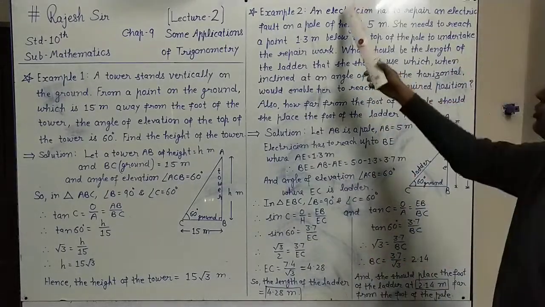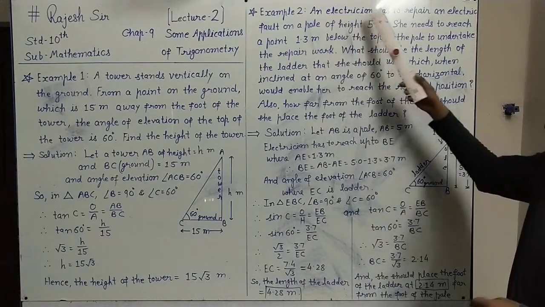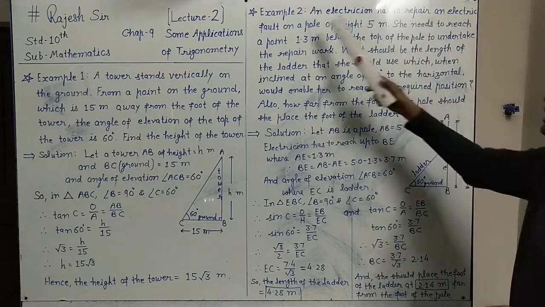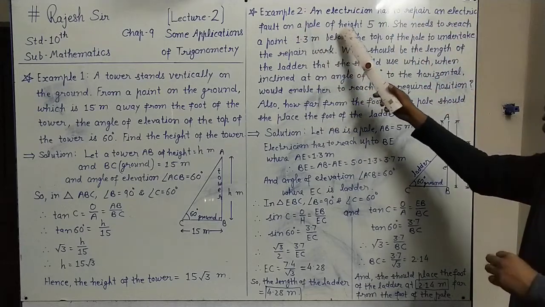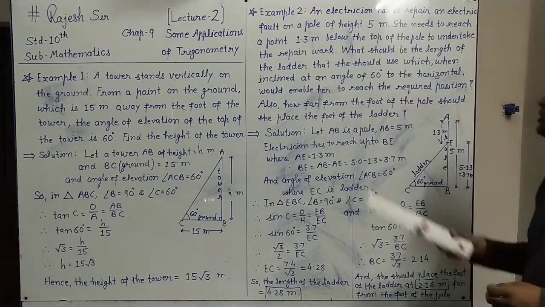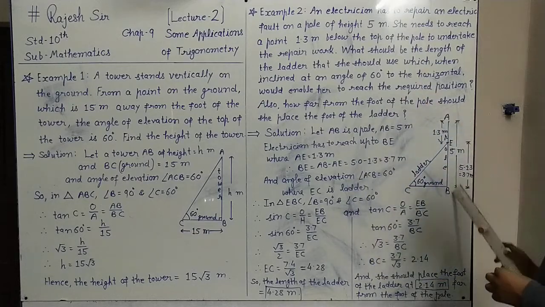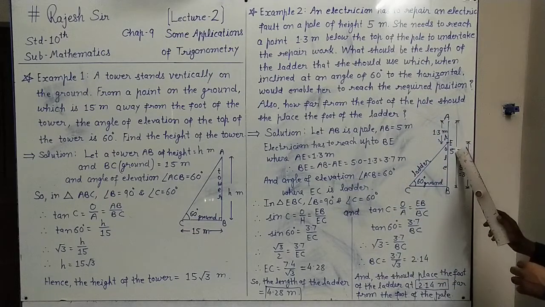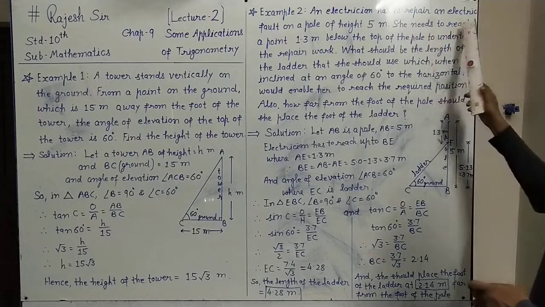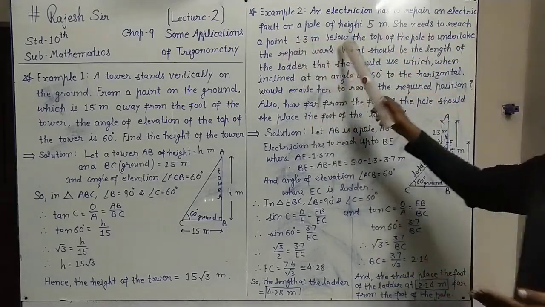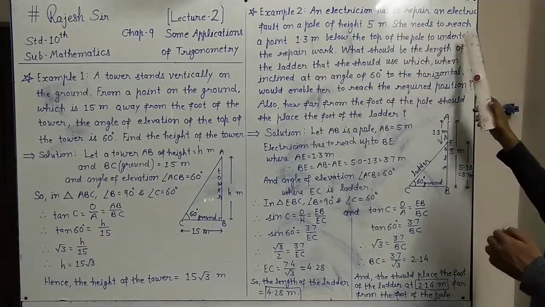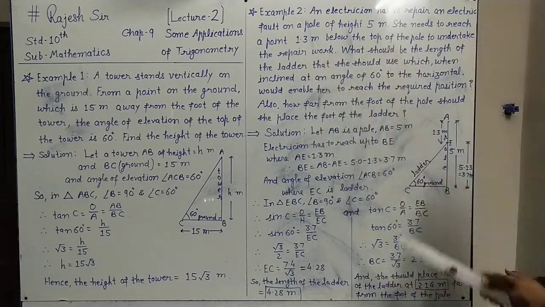Next we have example 2. An electrician has to repair an electric fault on a pole of height 5 meters. Here AB is shown as the pole, 5 meters. He needs to reach a point 1.3 meters below the top of the pole to undertake the repair work.